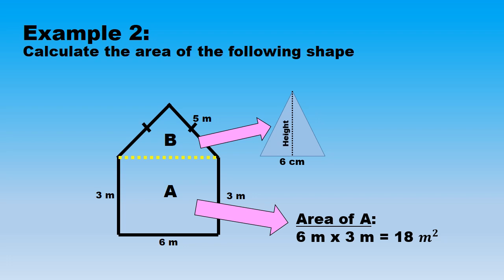All right, but we do not have the height. We've got the slanting side of that triangle of 5 meters on both sides. It's indicated with one stripe on each side, which means they are the same, but we do not have the height. What now?